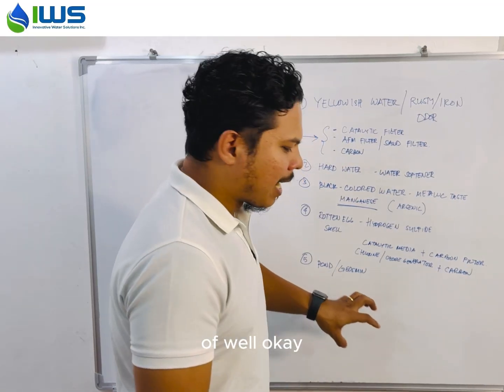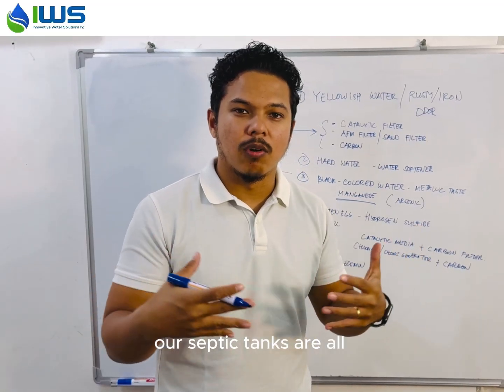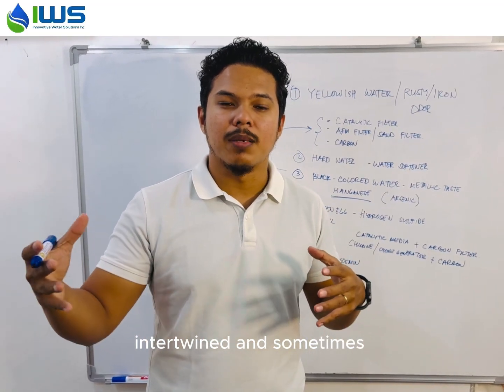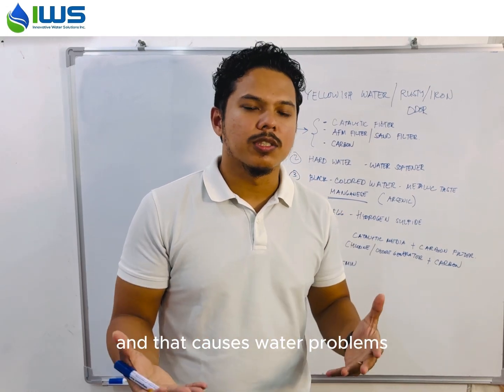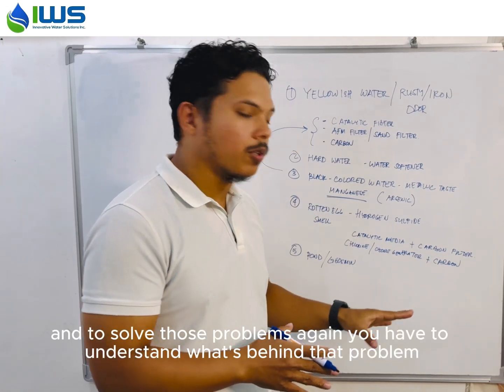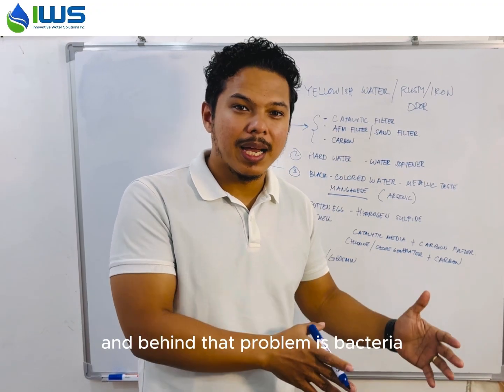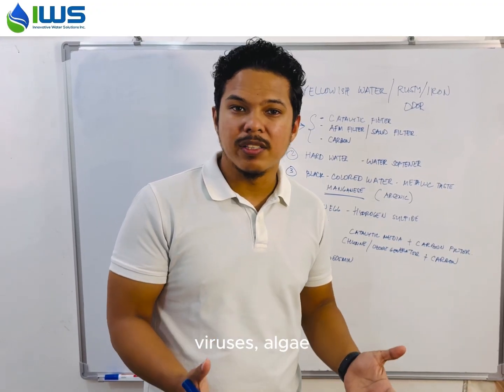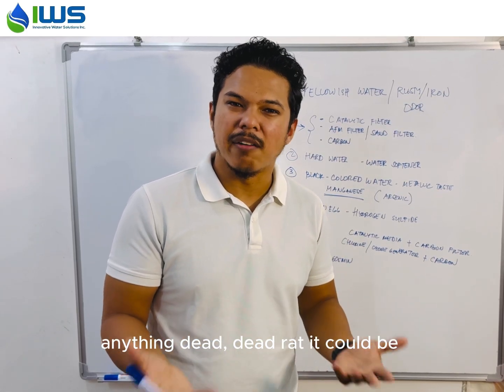Okay? And that's because in the Philippines, our septic tanks are all intertwined, and sometimes other waste on the land goes into the water, and that causes water problems. And to solve those problems, again, you have to understand what's behind that problem. And behind that problem is bacteria, viruses, algae, anything, a dead rat, it could be.